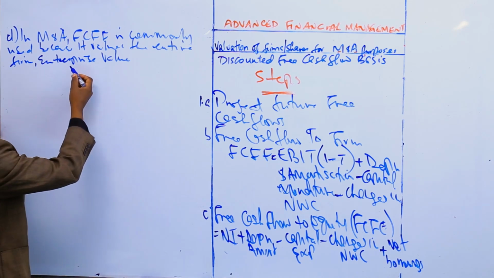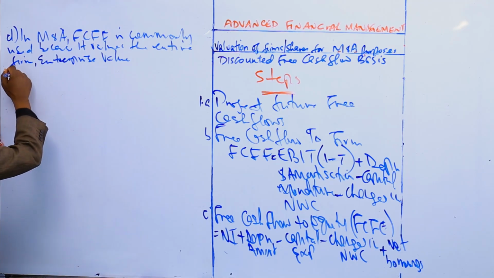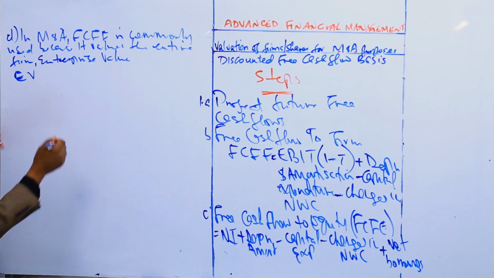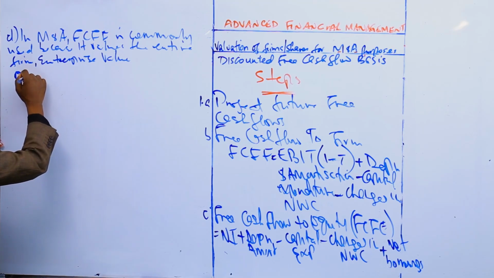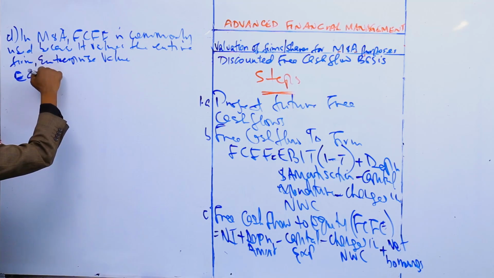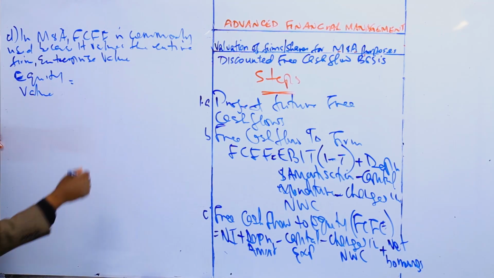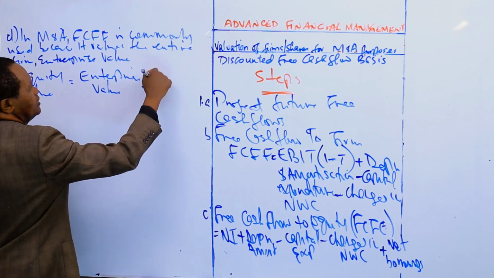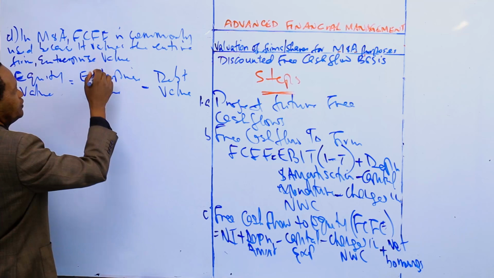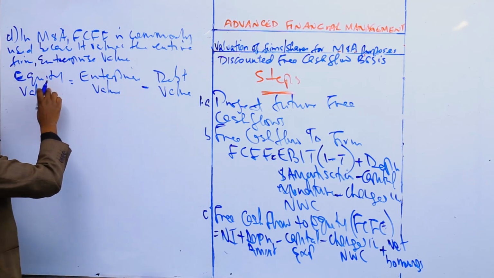So equity value will be equal to enterprise value minus the debt value.